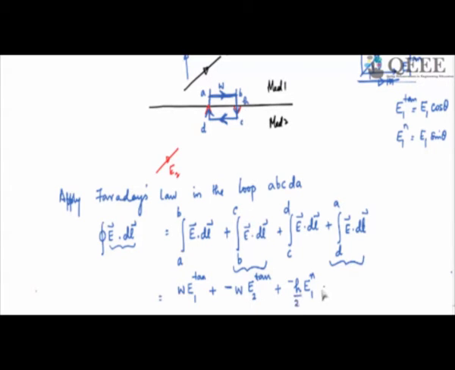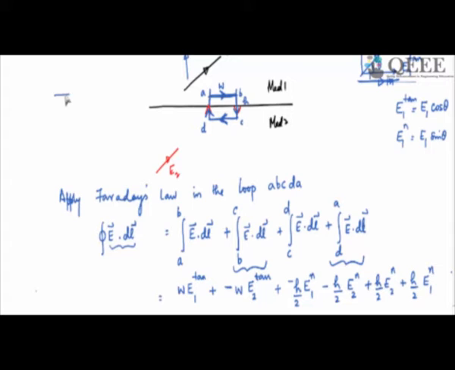So, it is h by 2 due to the first field minus h by 2 due to the second field. Again, this integration will be plus h by 2 E2 in the first field plus h by 2 E1 in the second medium.